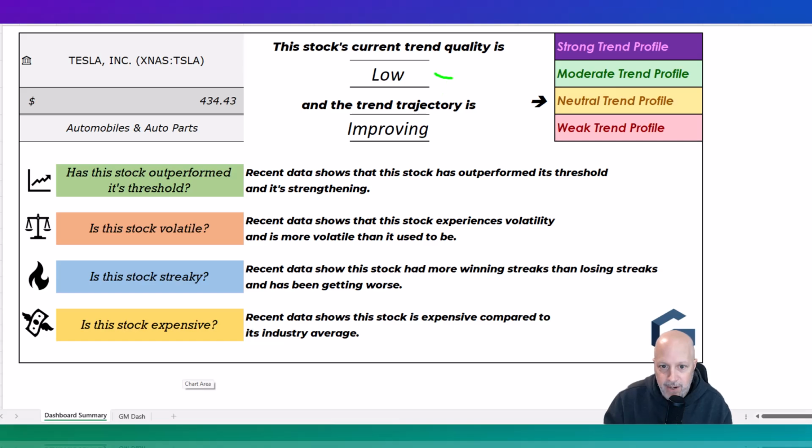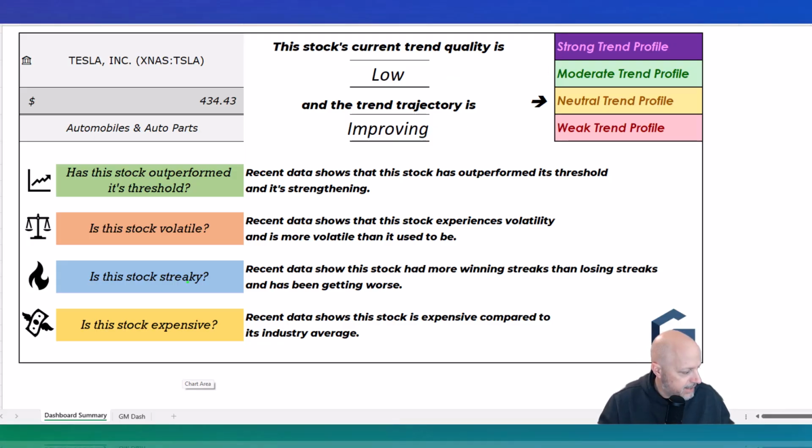It is the comparison of these two that feed into my overall 4-tiered rating structure that I have here. So given these two, the low trend quality but an improving trend trajectory, it is assigned a neutral trend profile rating. Strong trend is the strongest, moderate is number 2, neutral is 3, and weak is number 4. And that's the summary dashboard.